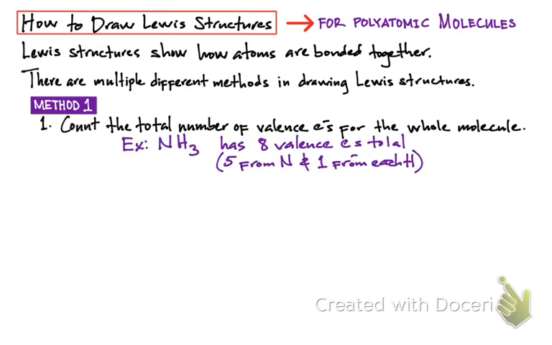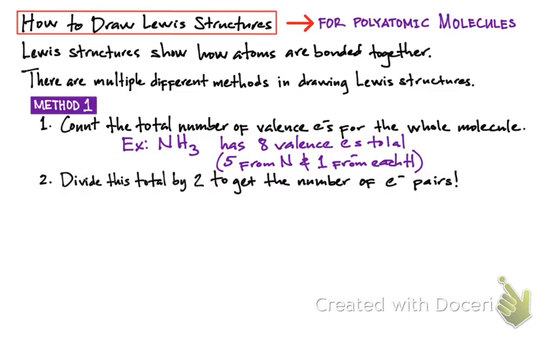If we have ammonia, for example, which has a chemical formula NH3, this molecule has a total of 8 valence electrons, 5 coming from the nitrogen and 1 for each hydrogen, a total of 8. Then divide this number by 2 in order to get the total number of electron pairs. In this case, 8 electrons divided by 2 gives us 4 electron pairs.